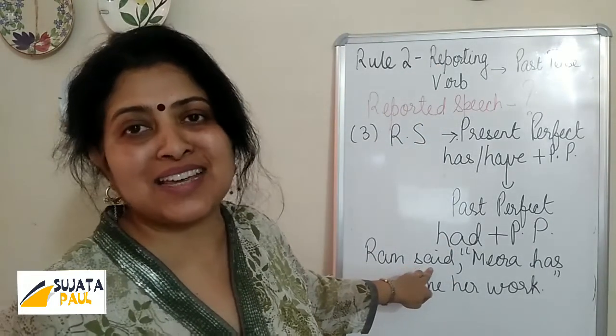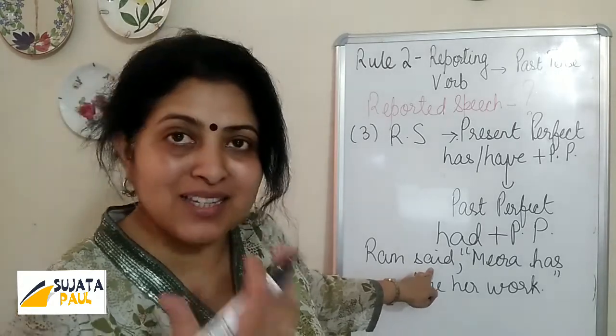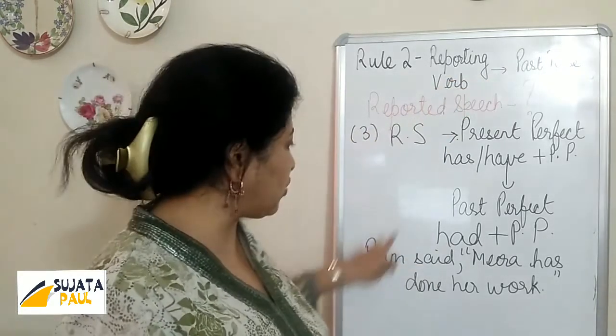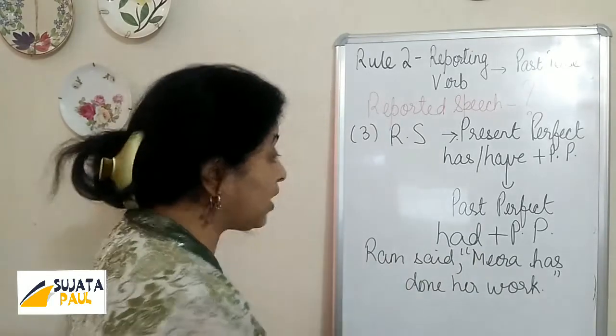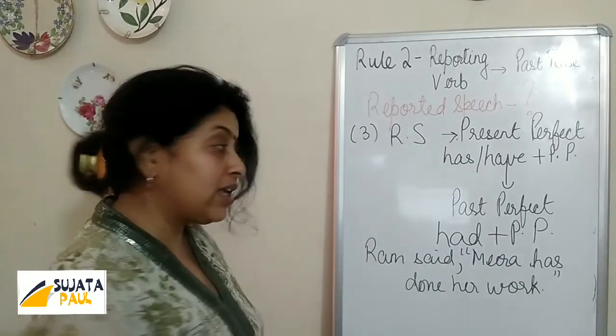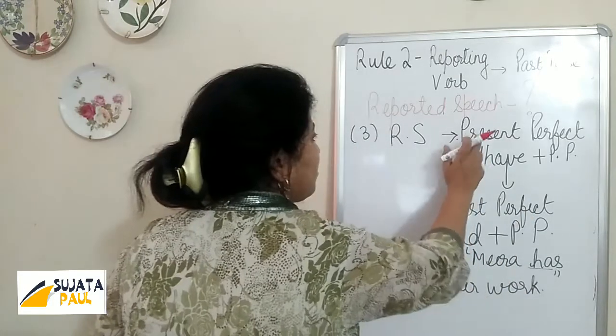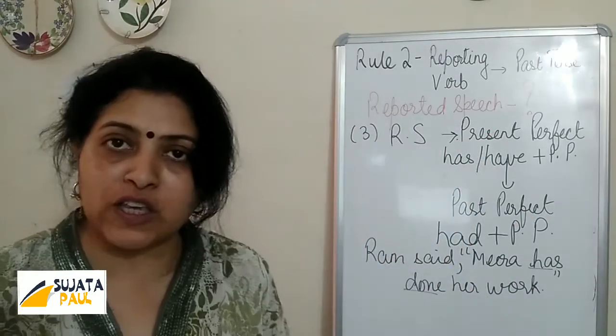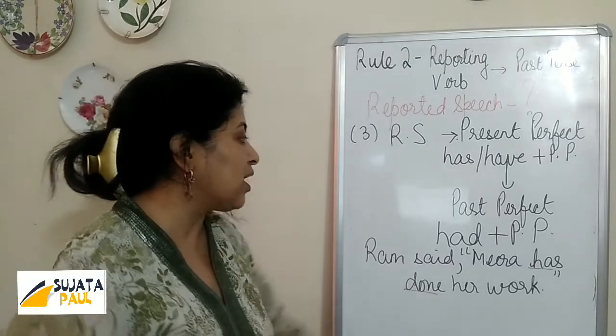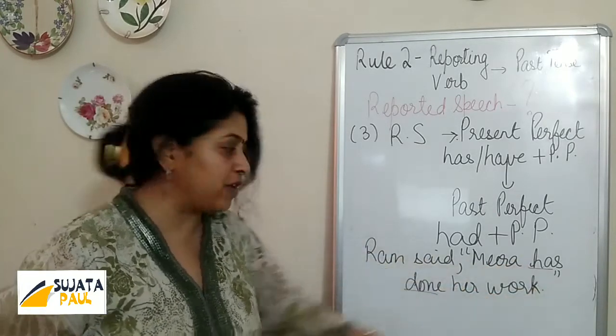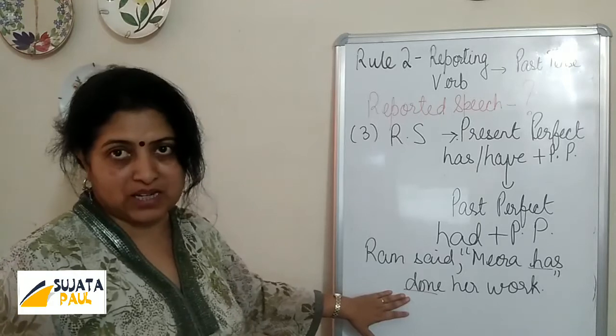And said means it is in the past tense. So then I will check Meera has done her work. Now here what do I have? Here I have has and done. Has is present perfect, which is used for singular. If this was they, it would be they have. And done is the past participle.